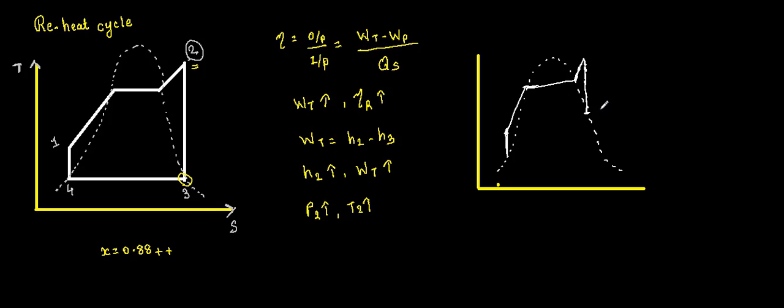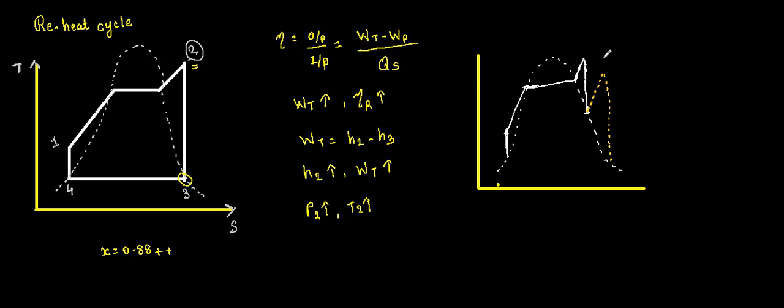From this point it is again extracted, and passed through the flue gases which are still available in the boiler, and then it is again expanded through the turbine.